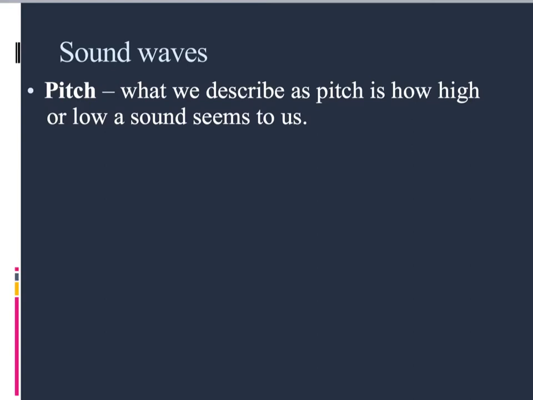So one word that we use to describe sound waves is called pitch. And pitch is just what we describe as how high or low a sound seems to us. So if we go back to our range, things in the 20 hertz range sound low to us, and so we would say it has a low pitch.